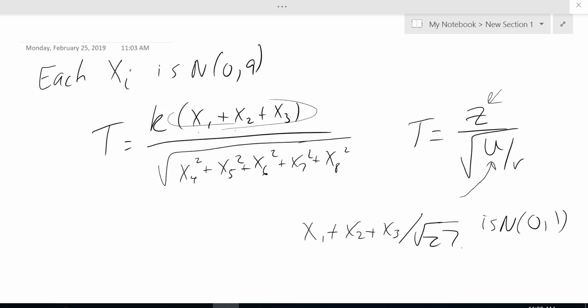So what do I need to do to each of the x4, x5, and so on to standardize them? What do I need to divide by? Again, to standardize a normal, you have to subtract off its mean and divide by its standard deviation, right? So for each of those, I need to divide by 3 before I square, right?